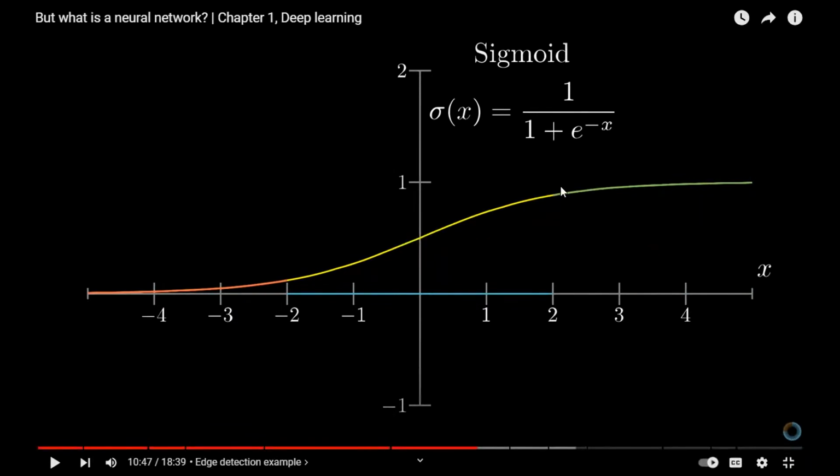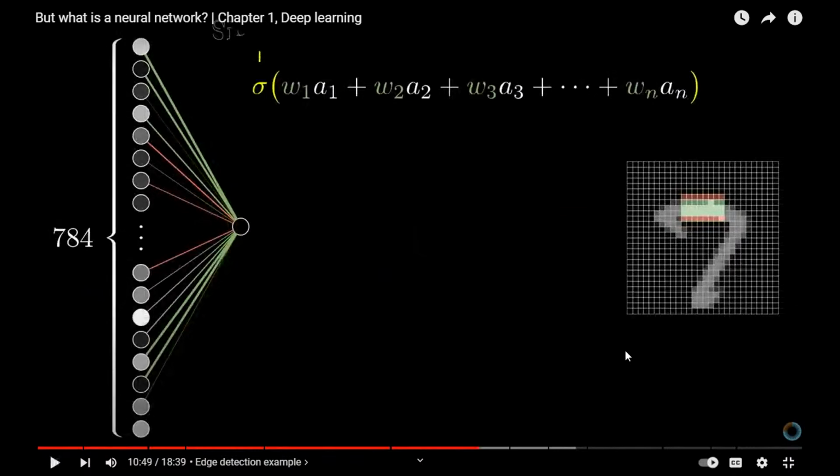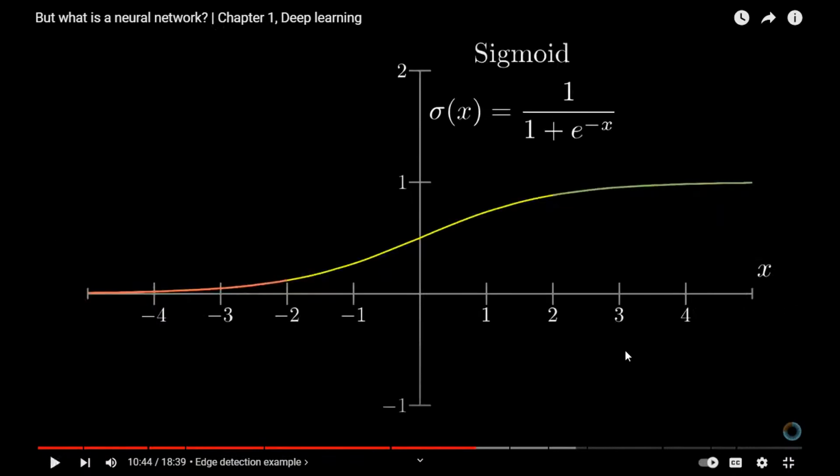Can you understand this? The numbers which are close to 1. You told that there will be a threshold value, and whichever value crosses that will go through.